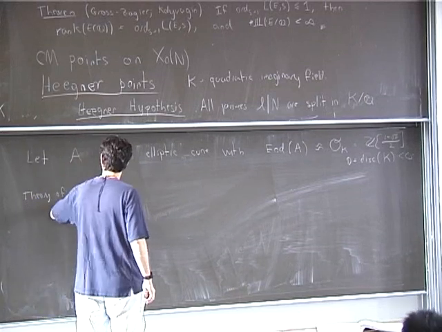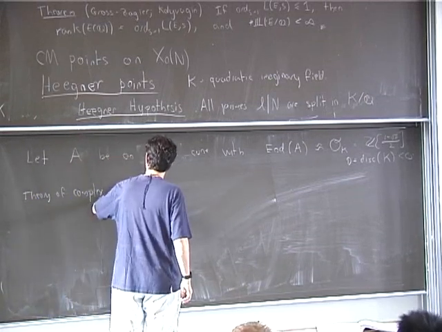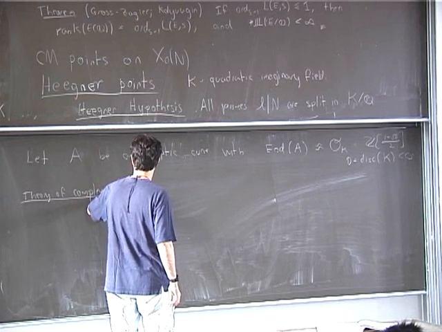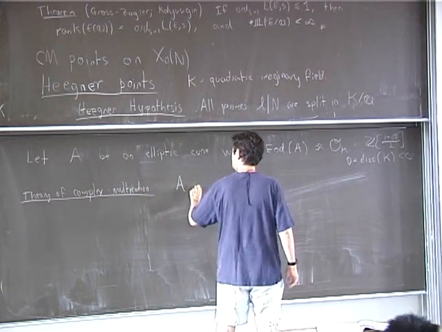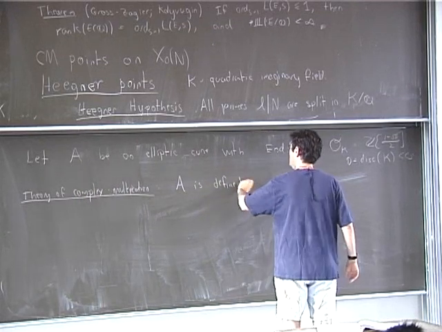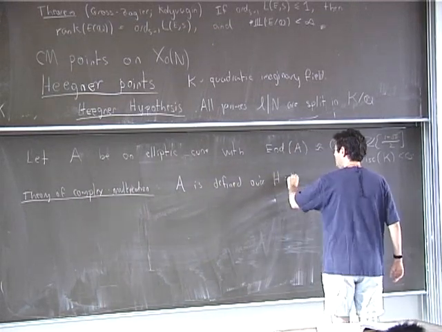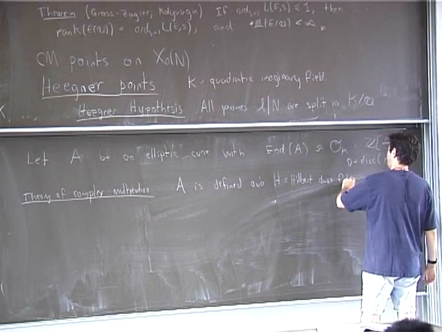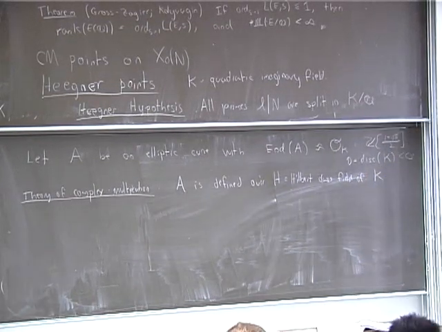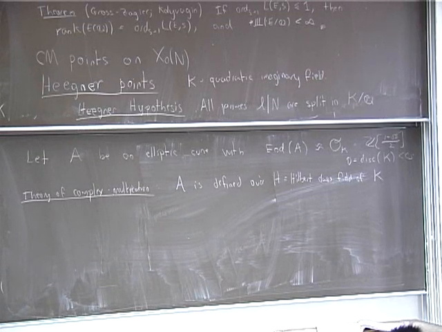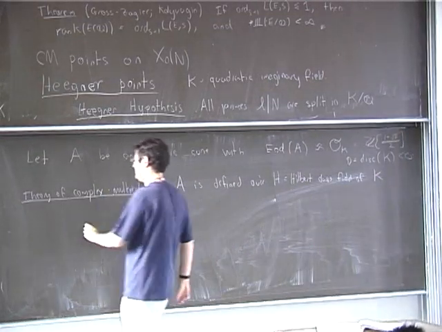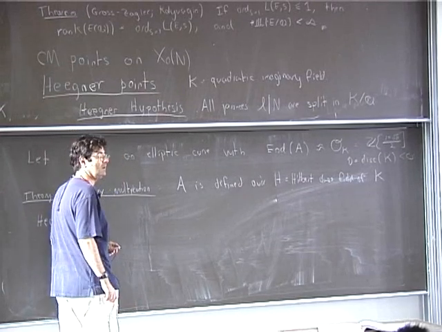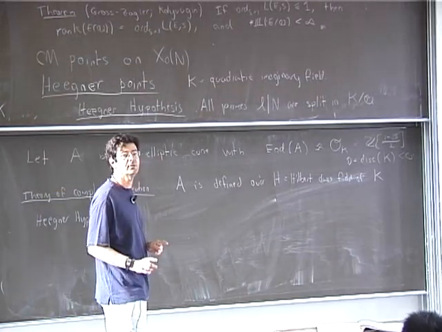tells me that this curve is defined, not necessarily over K, but over H, which is the Hilbert class field of K. In other words, the maximal unramified abelian extension of K. Is there a question?